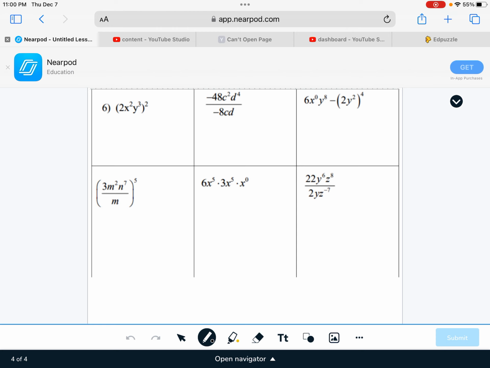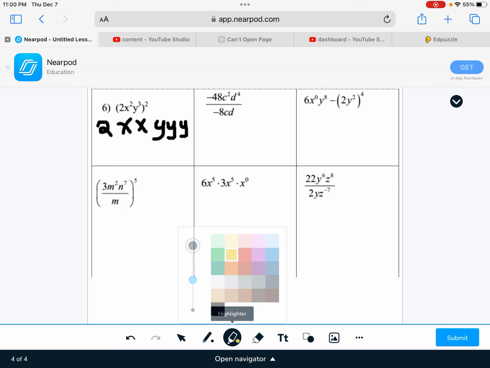Let's start by expanding out what's inside these parentheses. 2 times x times x times y times y times y. I got that because of the x to the 2 and the y's to the 3's. Okay?